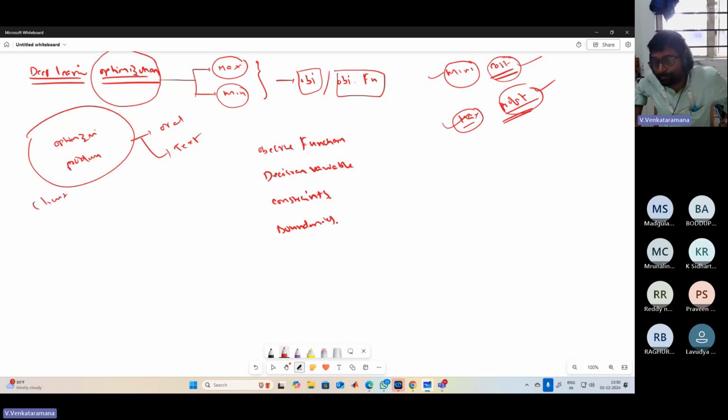These are the major parts in the mathematical modeling of any optimization problem. When you develop a mathematical model for your optimization problem, it will consist of the objective function, decision variables, constraints, and also boundaries.